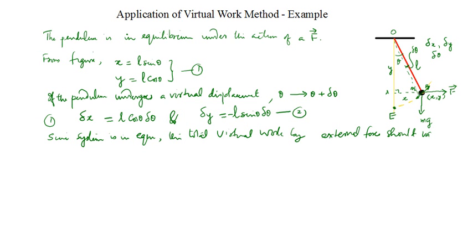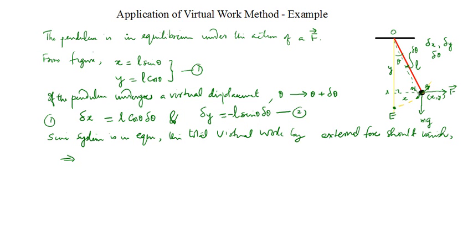Here is where we apply the principle of virtual work. What are the external forces other than the tension, which is a constraint force? They are F, the horizontal force we are applying, and mg, the vertical force due to gravitation.